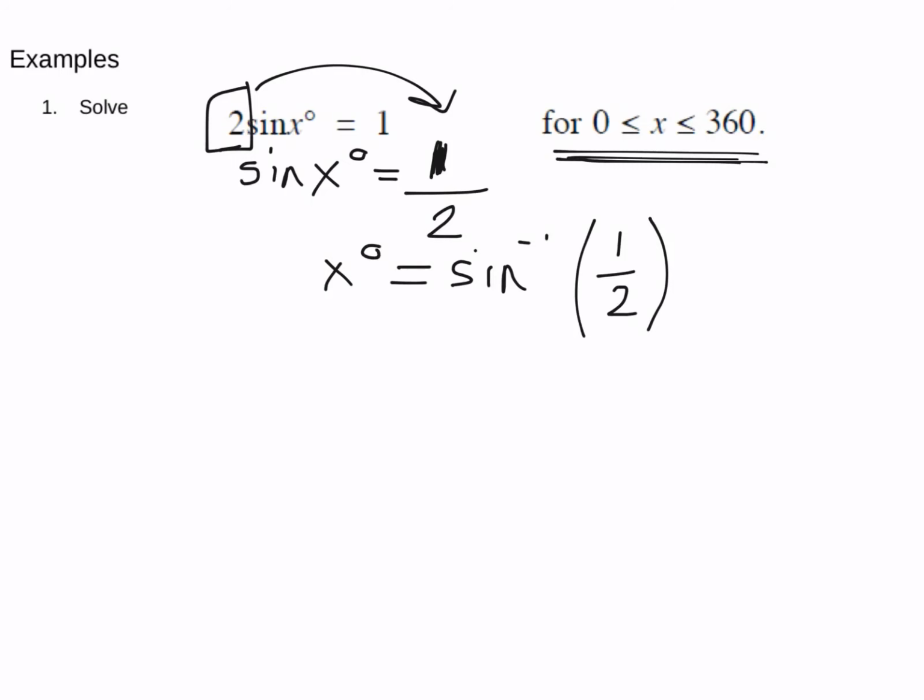So, on my calculator, to get this inverse sine, which comes up on the screen as sine to the minus 1, I press shift sine, and it comes up as sine minus 1. And then I would type in a half, and I would generally put it in a bracket. Some people type in a half first, and then hit inverse sine, okay. Inverse sine, and on my calculator, it comes up as 30.